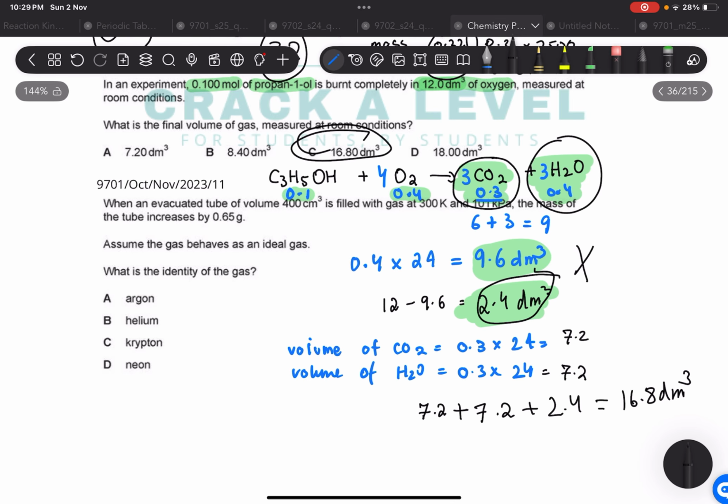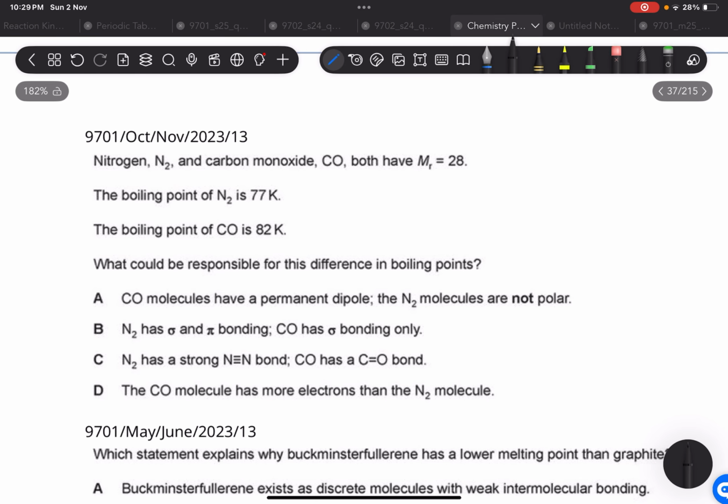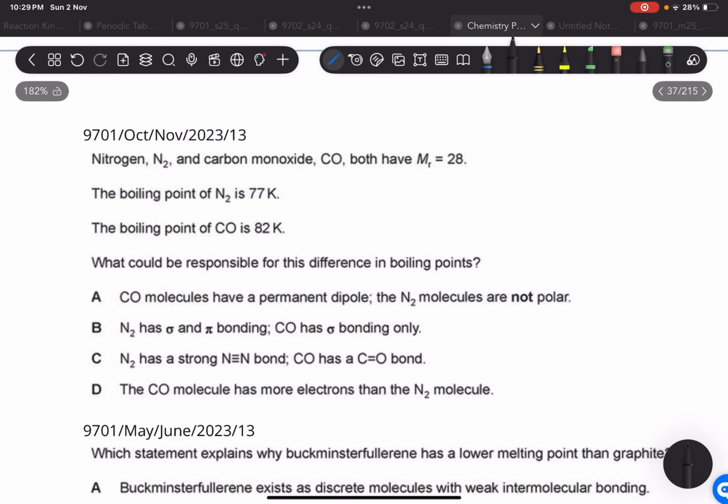Now moving on to the next question. Nitrogen N2 and carbon monoxide CO both have an MR of 28. The examiner has given us this to make us realize that nitrogen and carbon monoxide have the same MR. That means their mass is similar.